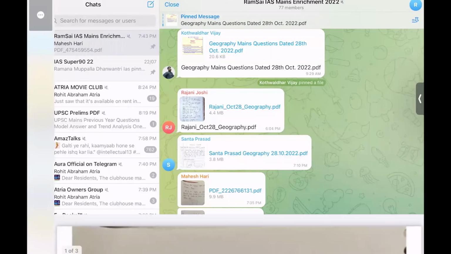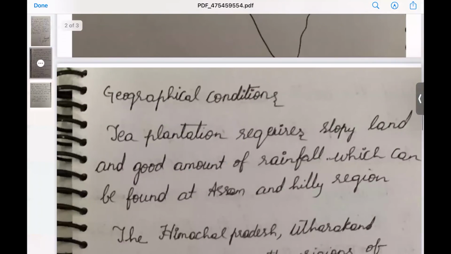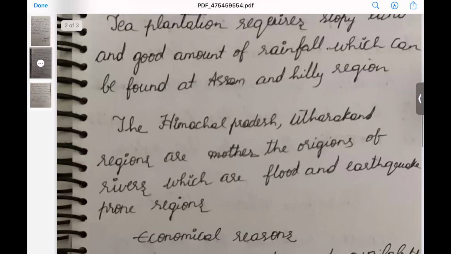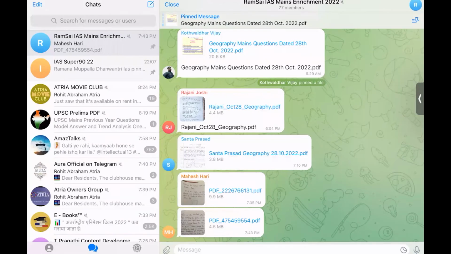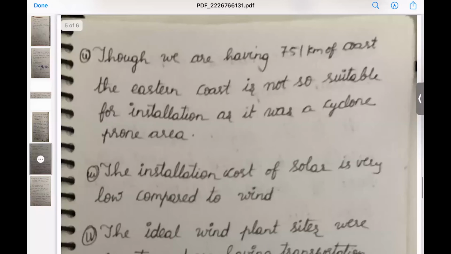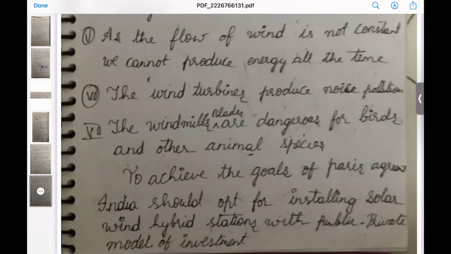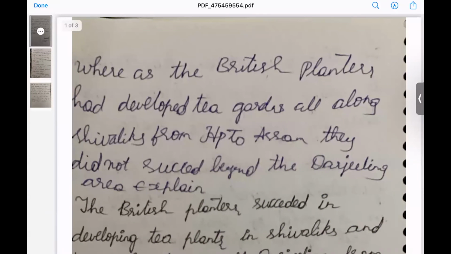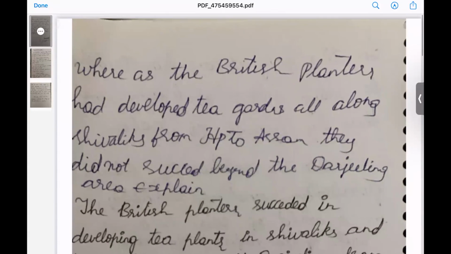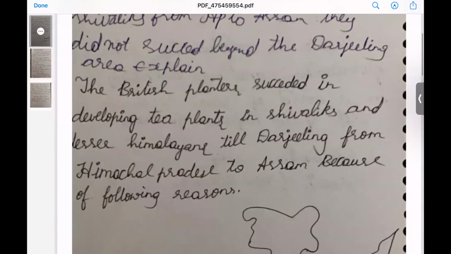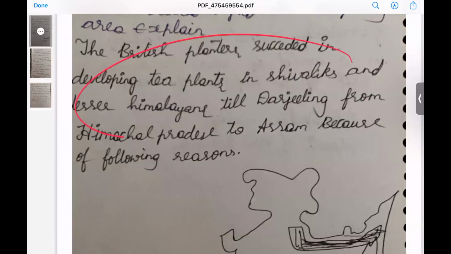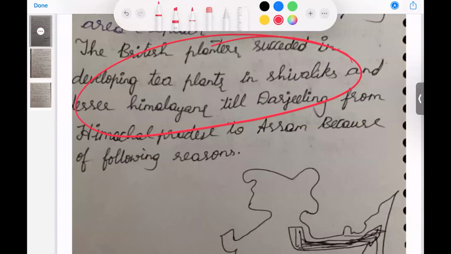We'll see Hari's also. Sir, it was in the second PDF, sir. You are repeating the entire question, not required. Okay.